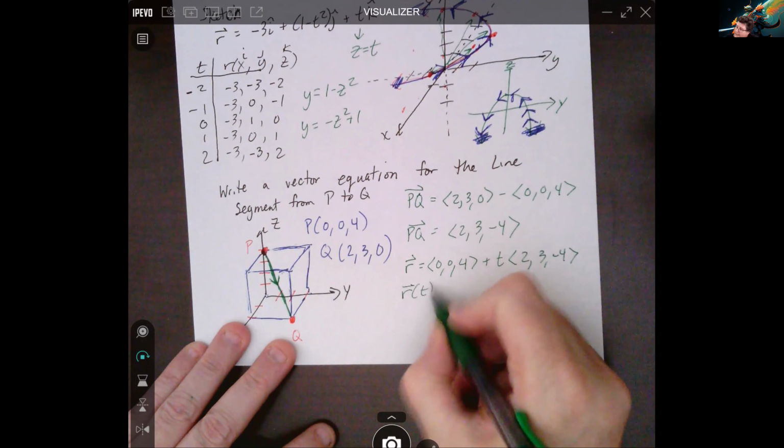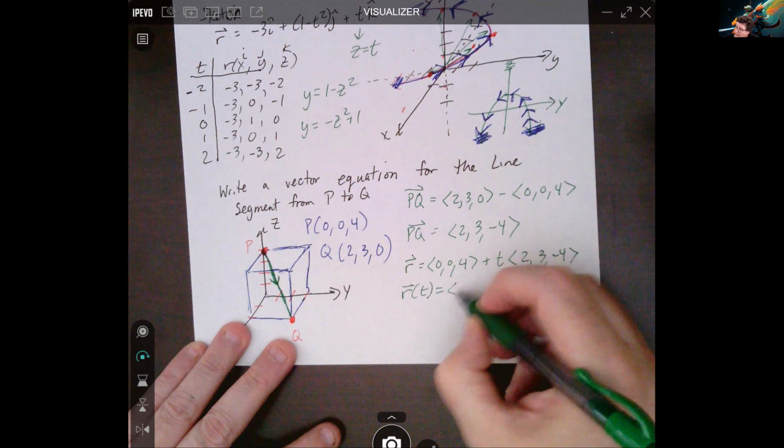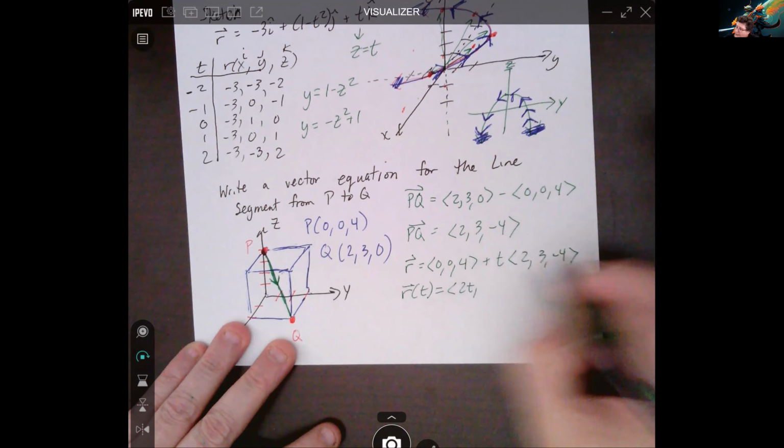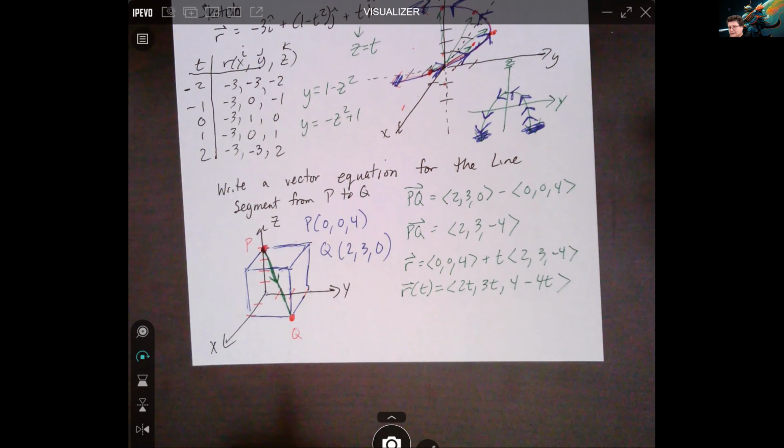So R of T is 2T, 3T, and 4 minus 4T. Yes. That is one way of doing it. Did everyone do it that way? I'm seeing some shakes and some nods.